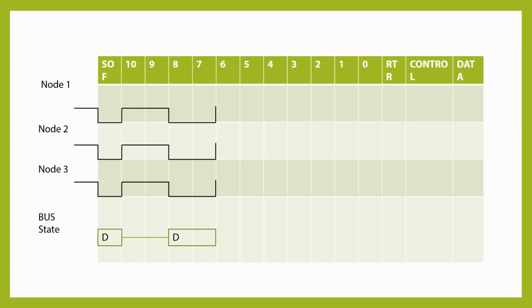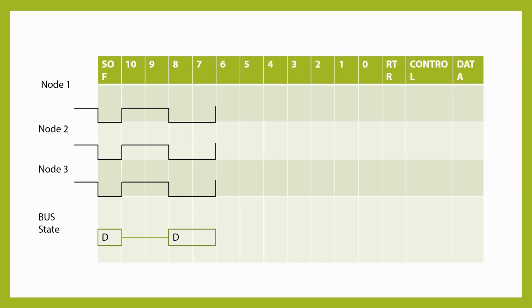The 8th and 7th bits were the same for every node, and the bus was in dominant state. Neither determines which node has won the bus, because, as in the earlier section, two signals sending recessive make the bus recessive, and two signals sending dominant make the bus dominant. Nobody knows which node has won the bus. So as of right now, up to the 7th bit, nobody knows.